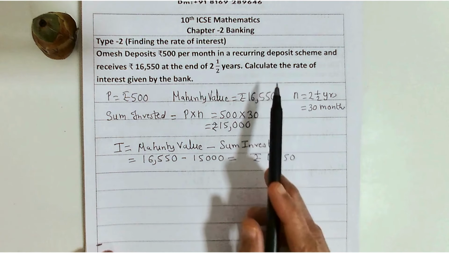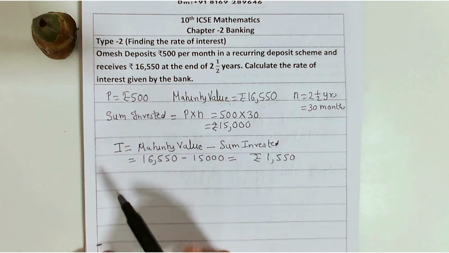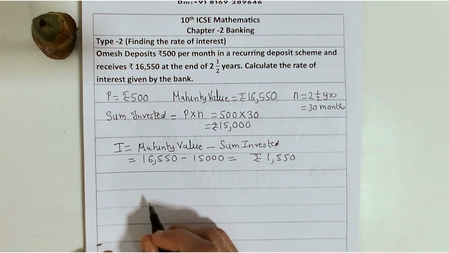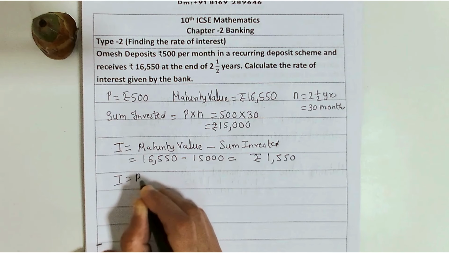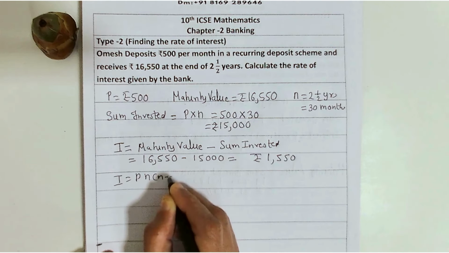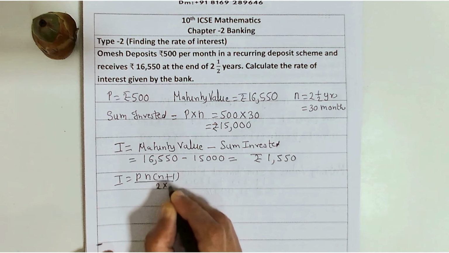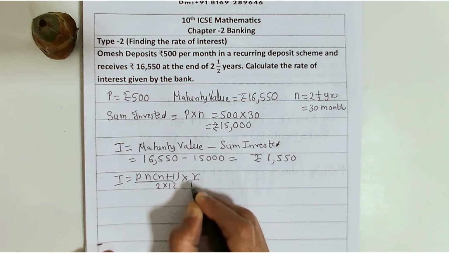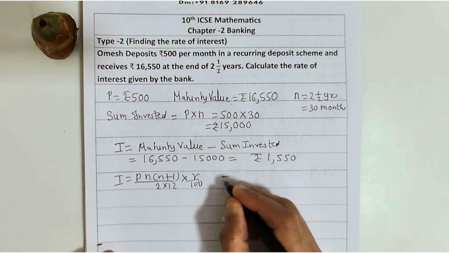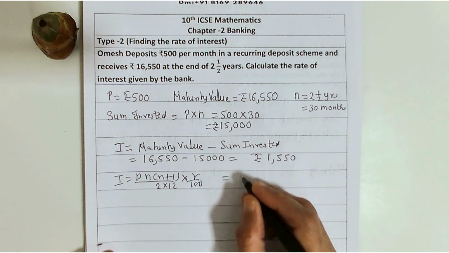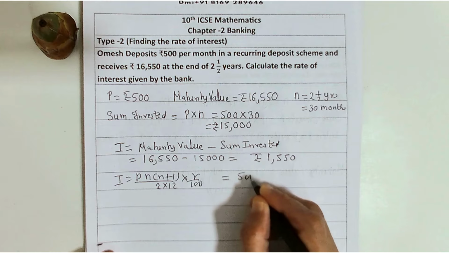But what is the question asking? Question is asking calculate the rate of interest. Now students, we can use the interest formula and find the rate of interest. So here interest is, you should know this formula perfectly, P into n into n plus 1 upon 2 into 12 into R upon 100. Correct? Now substitute the values. P is rupees 500.